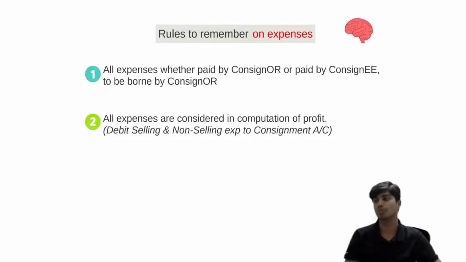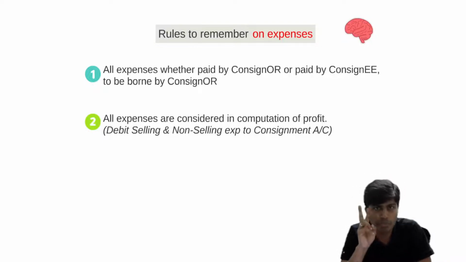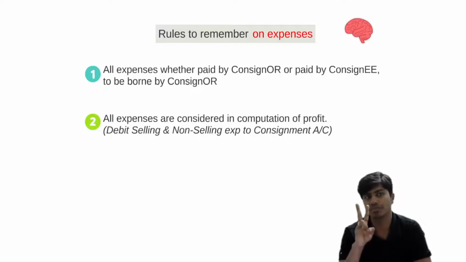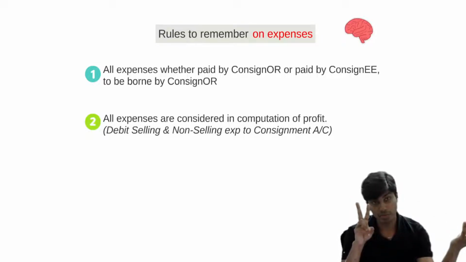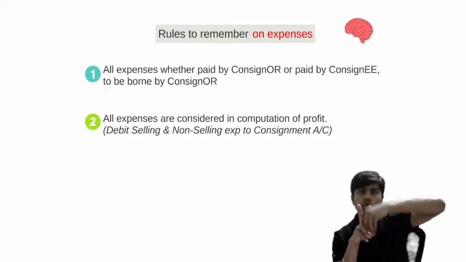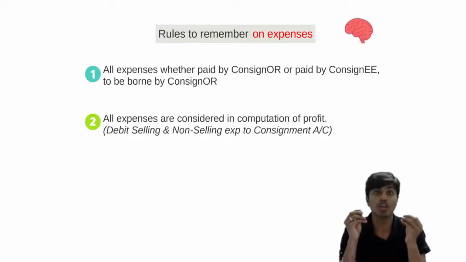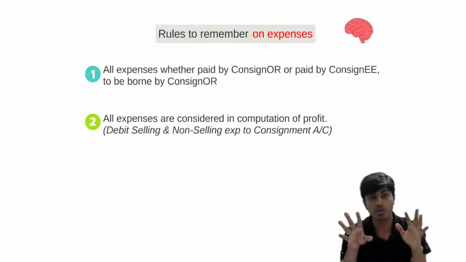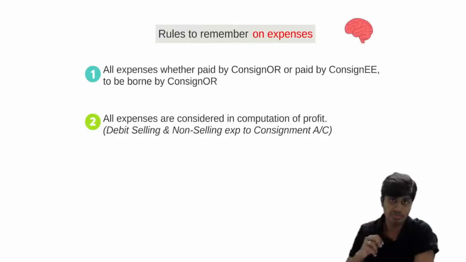For computing the value of those 200 units, I should include only the cost or expense incurred till the time the goods reach consignee's godown. After the goods reach consignee's godown, any expense incurred like godown rent should not be included in the value of these 200 units remaining unsold with consignee.